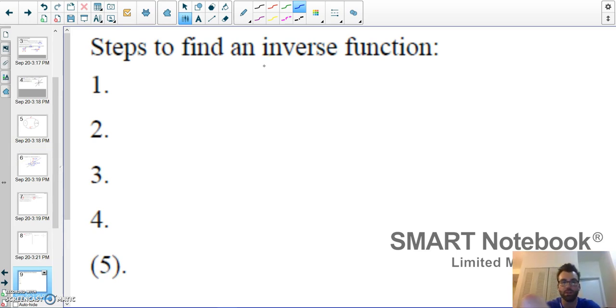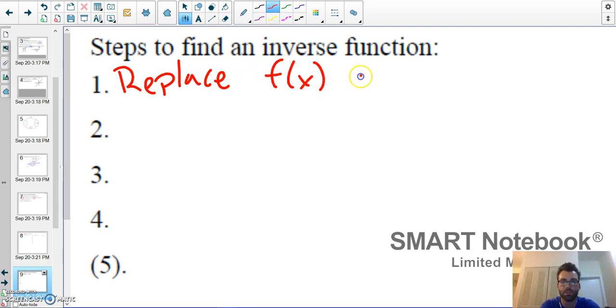Step 1, we're going to replace f of x with y. We always have f of x equals, let's say, in the last example, 3x minus 2. Well, we replace that f of x with y.